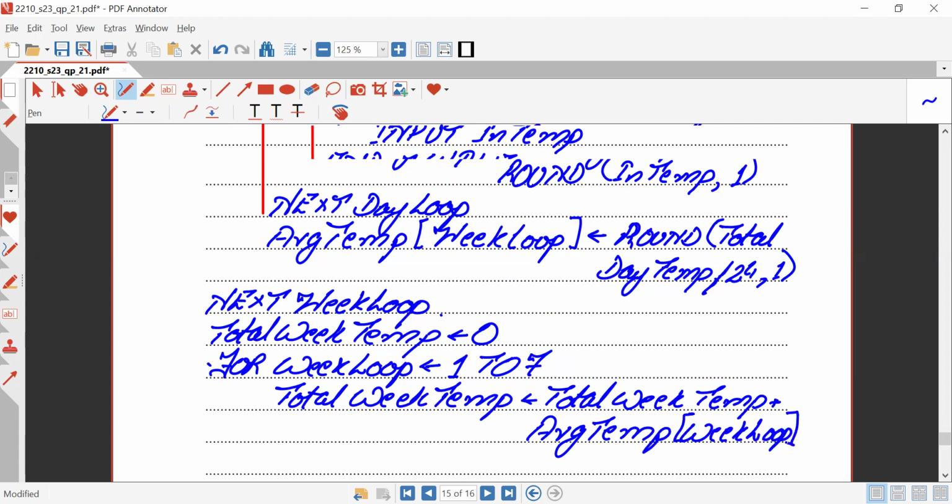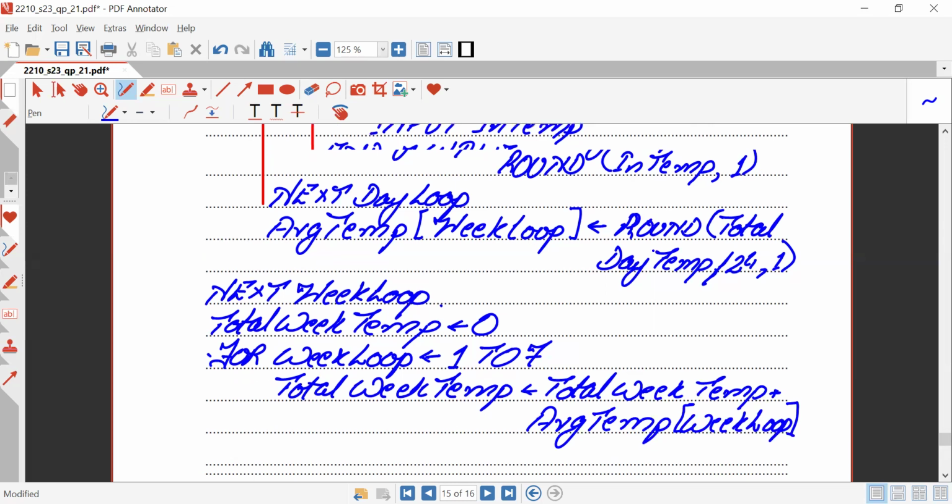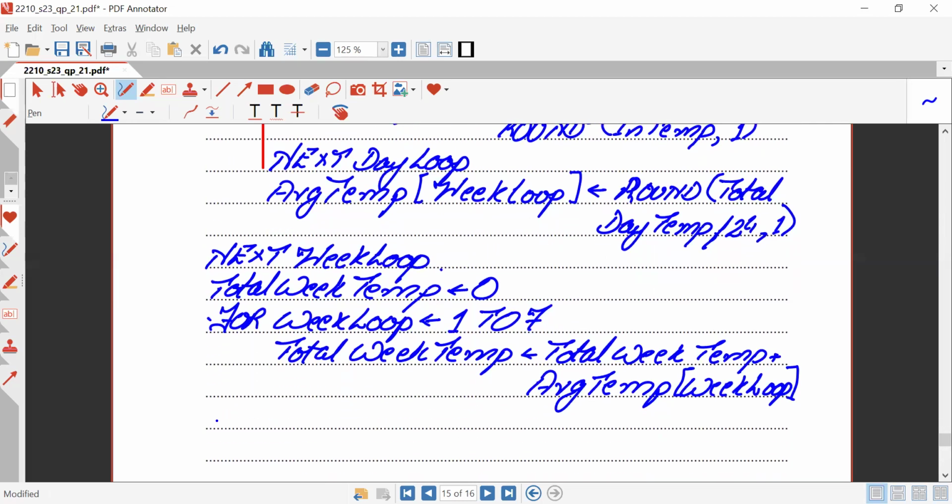So in this pattern, we will be taking out the total of the week temperature. And finally, we will be out of this loop by next week loop.